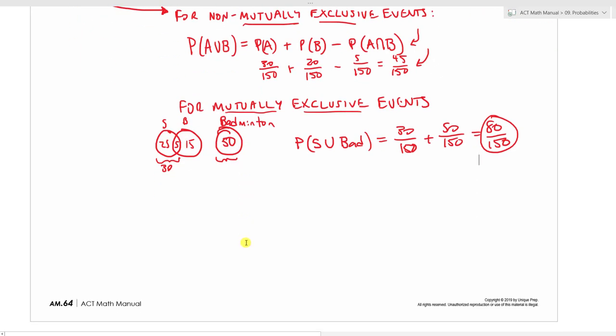I'm going to give you one final example on this, because one of the ways they test this may involve a deck of cards. So let's say the probability of selecting a king or, let's do a queen.